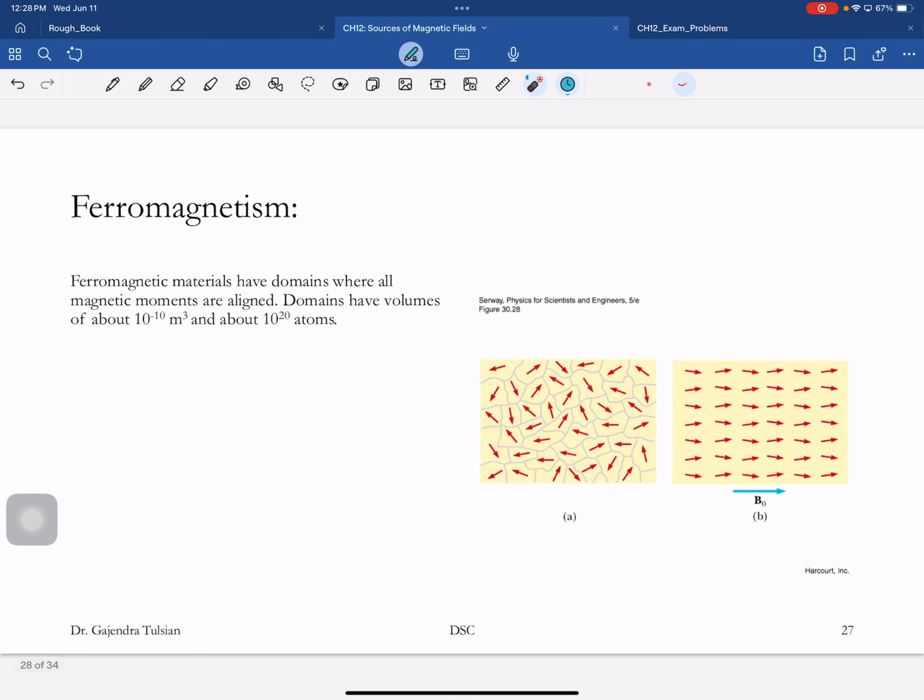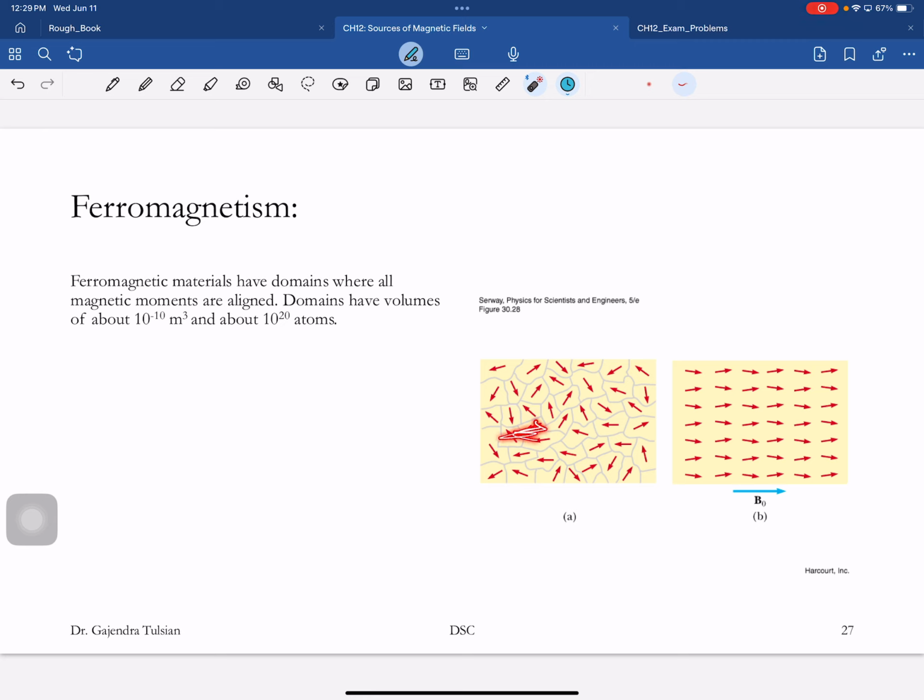So for instance, look at this. This is a ferromagnetic material, the size of a grain of sand. In this grain of sand, there are about 10 to the 20 atoms, and all those are lined up in the same direction. So if you had just that little piece, that would be a strong magnet. Except that when you dig up a rock, you get a big piece of rock.